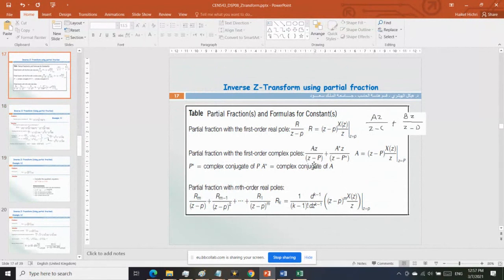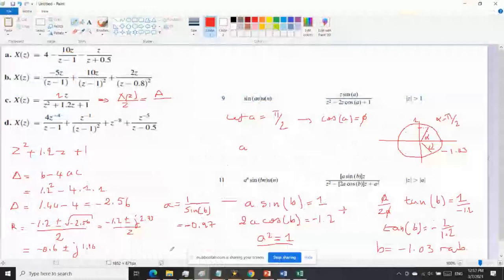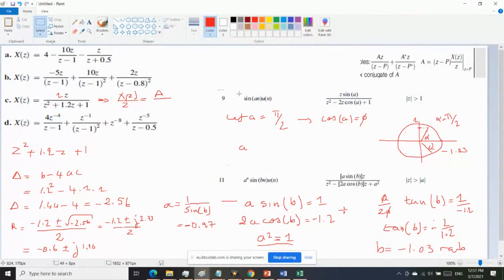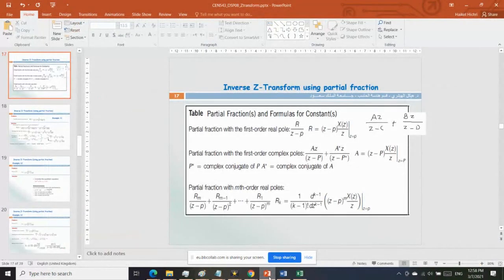So it's going to be AZ over Z minus P plus A star Z over Z minus P star.